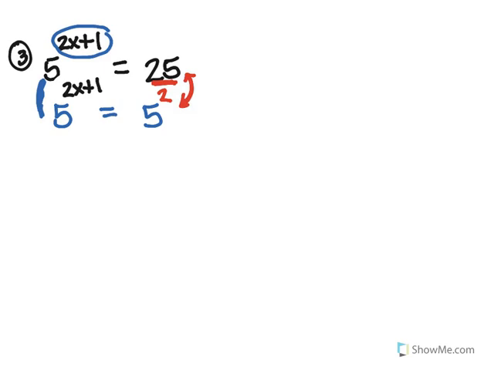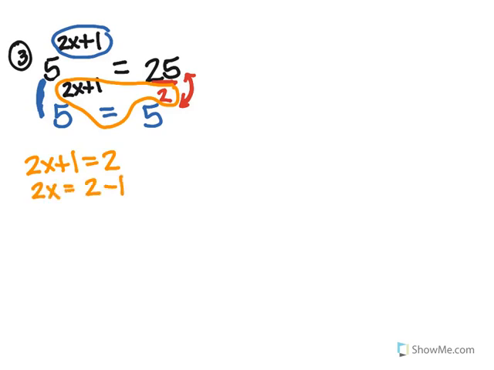So now I'm going to set both exponents equal. 2x plus 1 equals 2. And I'm going to solve for x. I'm going to subtract 1 from 2. That will leave me with 1. Divide by 2. X is 1/2.